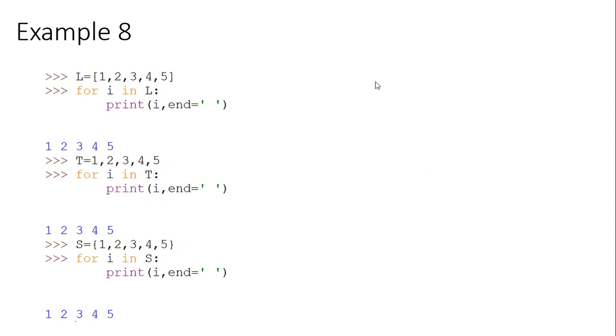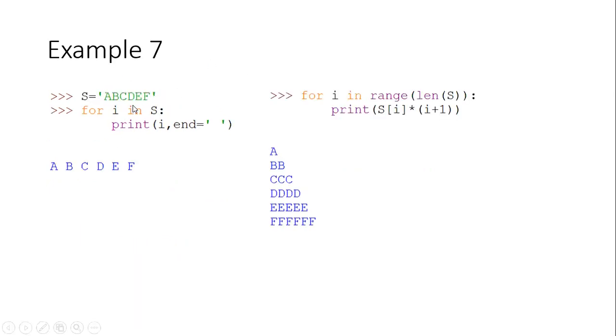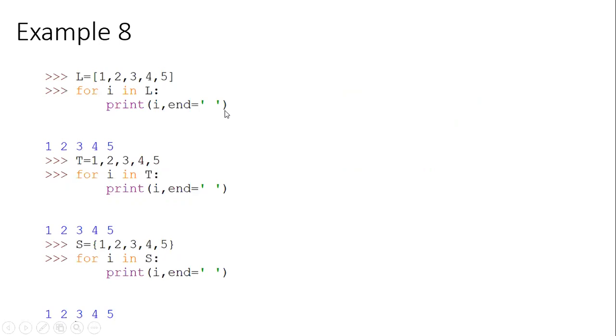Now, remember, this can be done for other data structures. The previous one was for the string. Later we'll discuss another data structure called a list, where you have a list of values. In the same manner, instead of the string, you can have a list here.